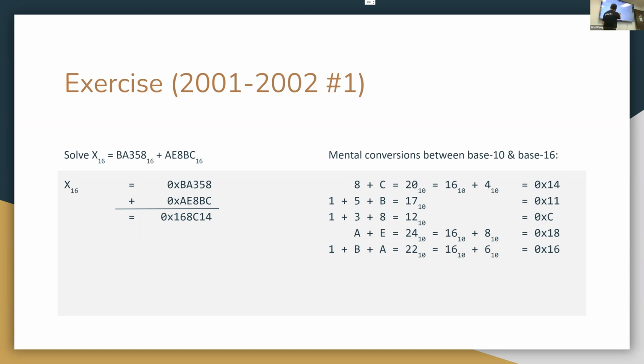The next position was 5 plus B, and with that carry over, it becomes 1 plus 5 plus B. This is like how you do decimal, but now we're talking about hexadecimal. And that result becomes 17 in decimal, right? Because I don't have this directly in my head.